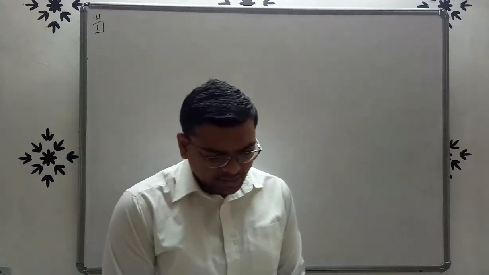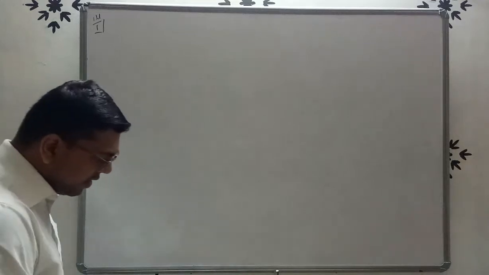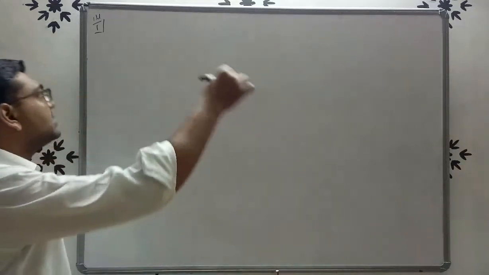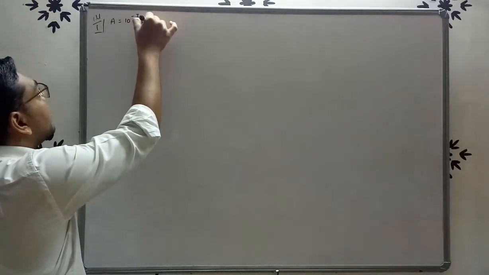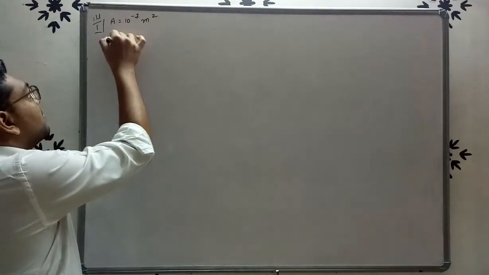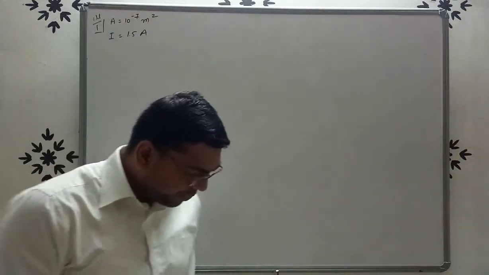So here, the area is given as 1 × 10^-7 m². The current is given as 1.5 ampere.